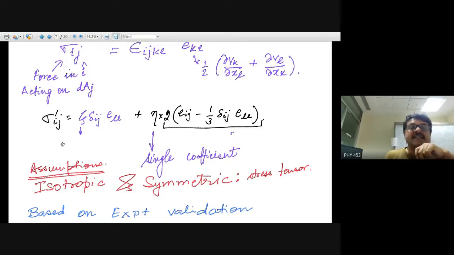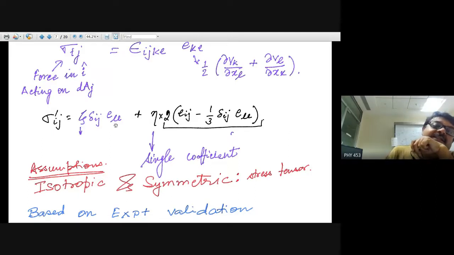What you see is that the viscosity stress tensor can be written in terms of velocity gradients where there are only two independent coefficients, instead of this fourth rank tensor. So all of them are not independent of each other, and finally there are only two independent things.